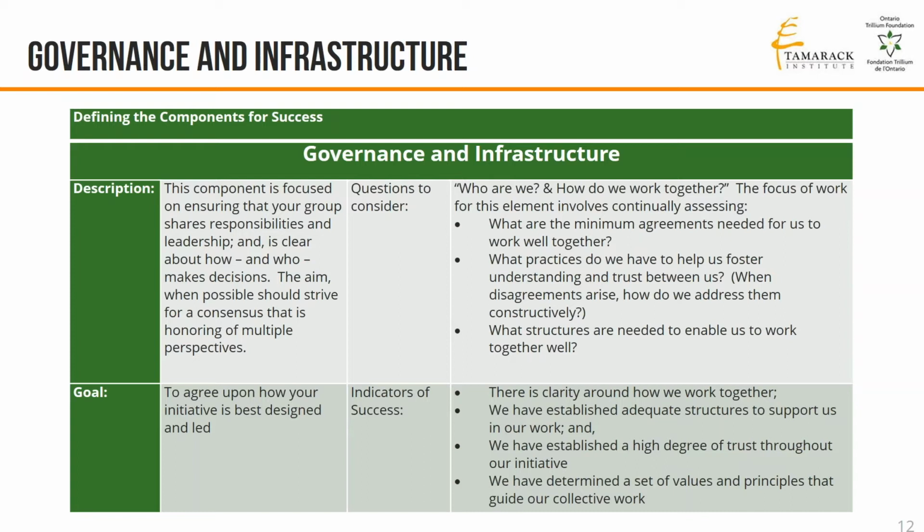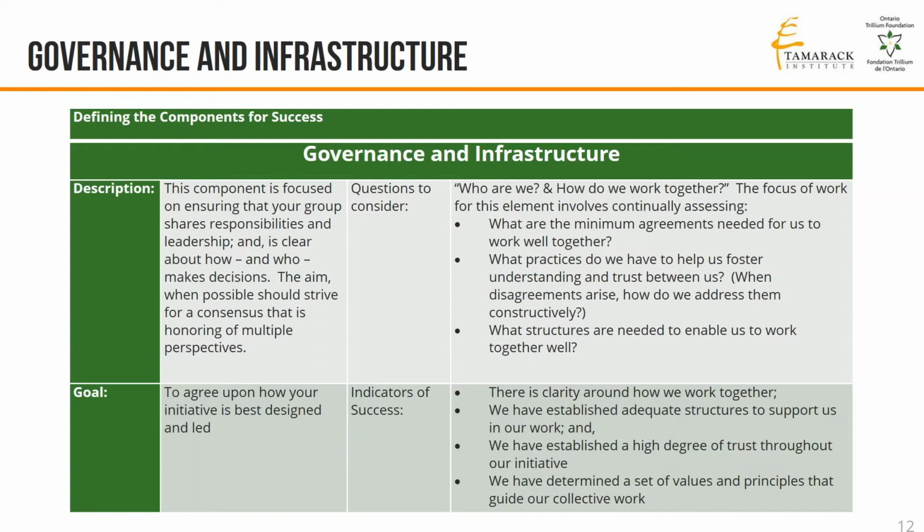And so the questions to consider really look at who are we and how do we work together. What are our minimum agreements to work well together? What are practices that we can put in place to build trust amongst each other? And what are some of the structures that we need to define so that we can work well together? We've identified some indicators of success here.